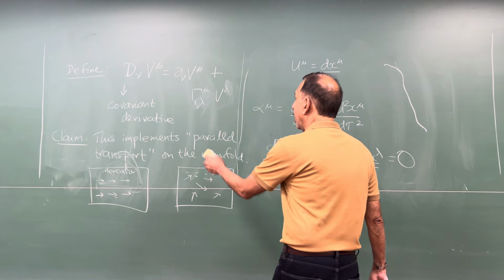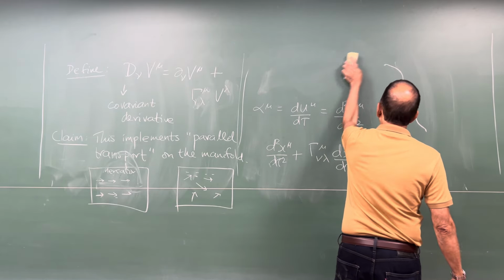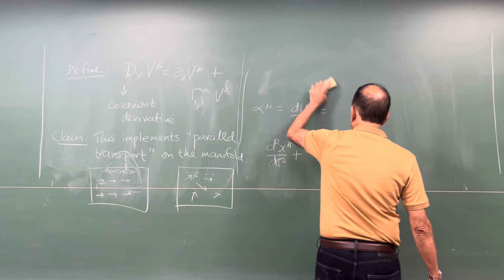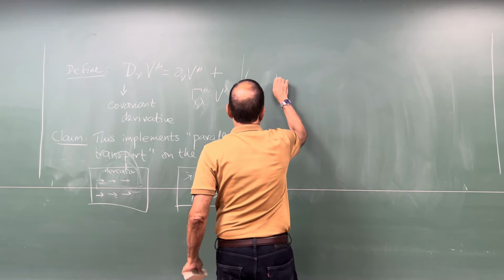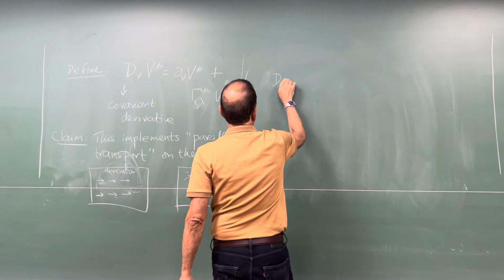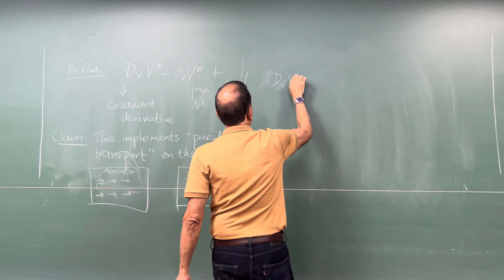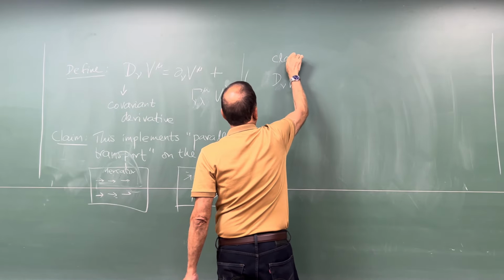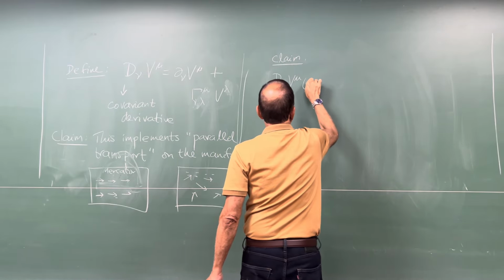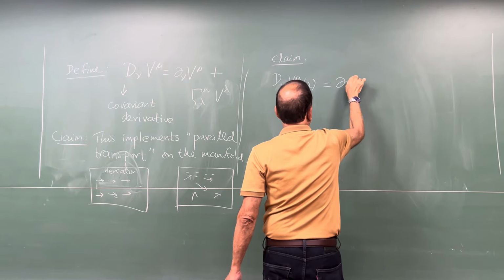But my claim is that this guy transforms as a vector. So we claim this is actually equal to del x.